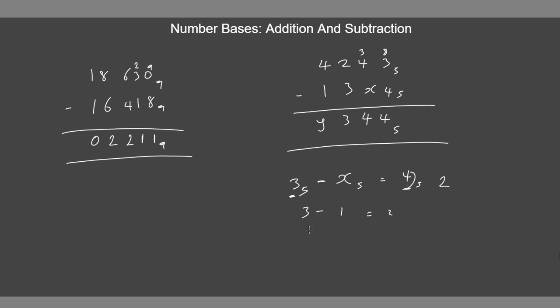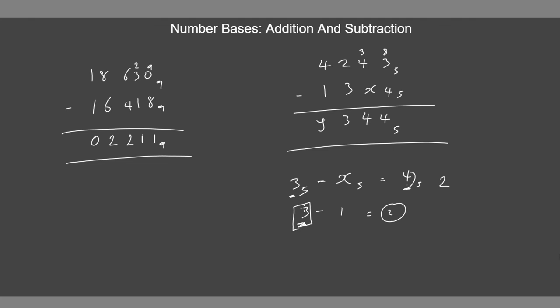If this answer is less than or equal to this 3, then we can easily figure this out. But if the result on the right hand side is greater than the first number here, what it implies is that we must have borrowed something to add to it.